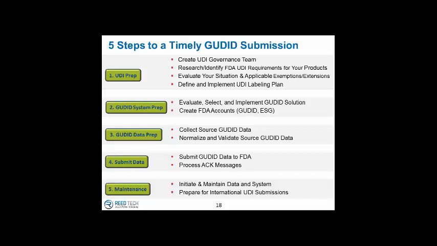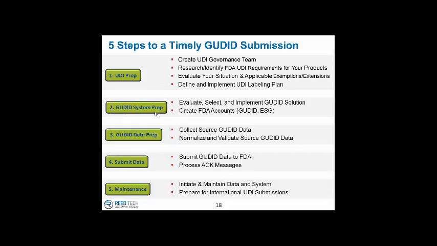It just permeates the company. So putting that governance team together and evaluating your core data set, make sure you do some homework and read about the requirements. You may qualify for some extensions and some exemptions, so you certainly want to explore that and see if that is applicable to your product inventory and put a plan together.